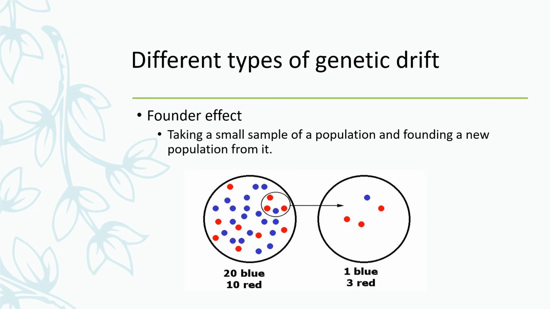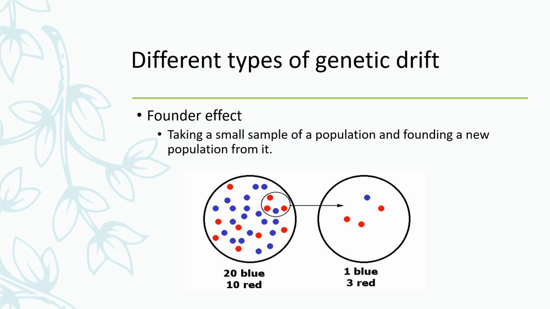But in this population, it appears that blue is more successful, and that's why there are more blue individuals. However, there is a small subset of that population that gets put into a new area to start a new population from it. In this scenario, the new population is mostly red and little blue.